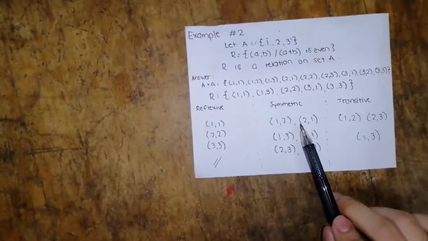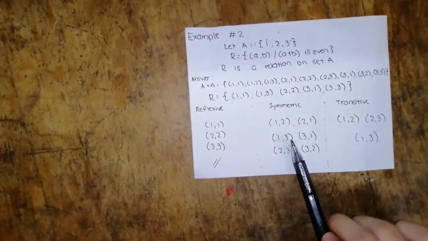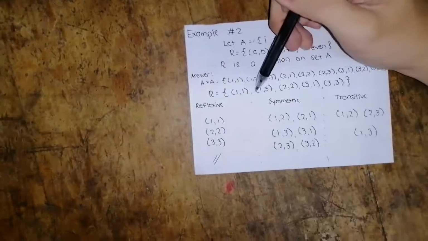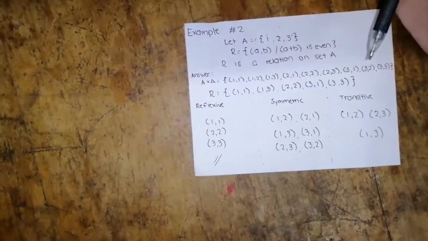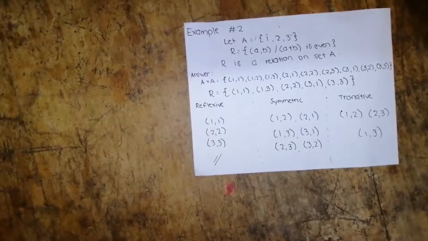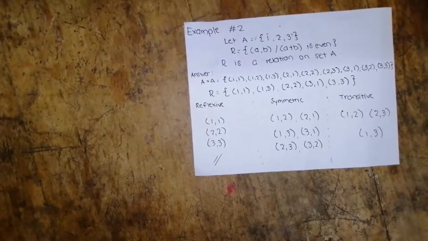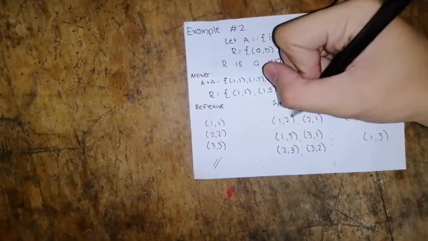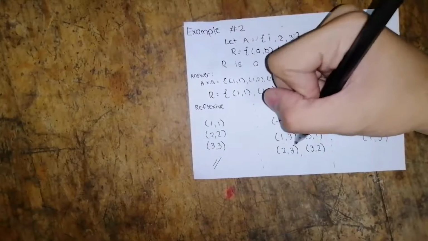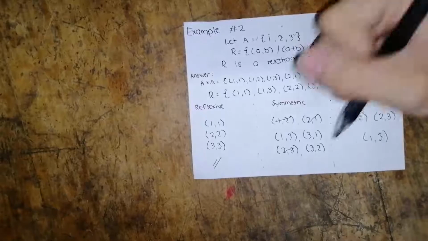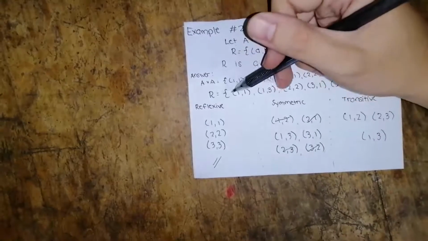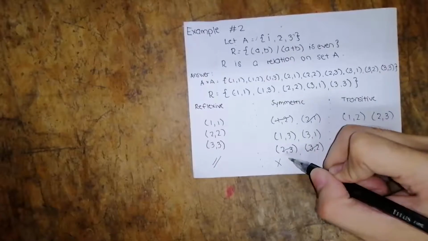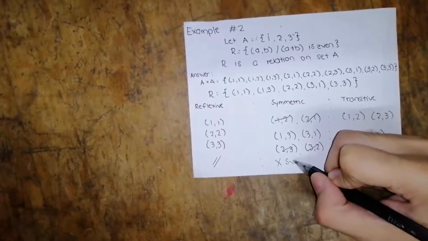If this ordered pair for symmetric is present in relation R, it will be symmetric, but in this case, this ordered pair is not present in relation R. So we can say that this is not symmetric.